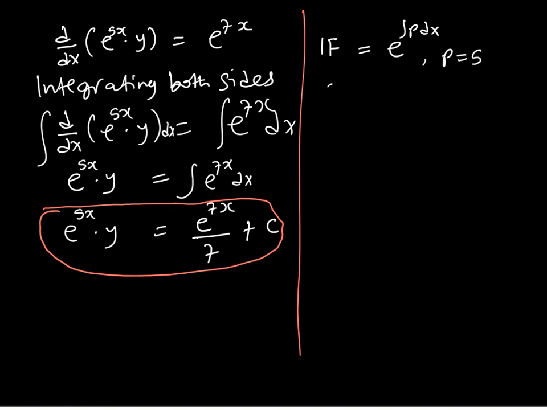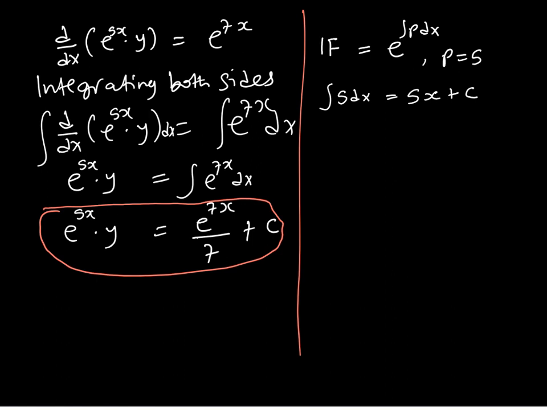So when you look at the integral of 5 dx, you are supposed to get 5x plus c. But we don't write that constant of integration, if you are keen. Why did we leave it out? Let's try to see and learn this.